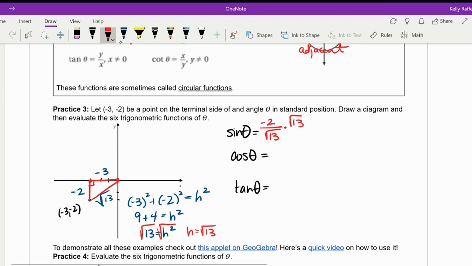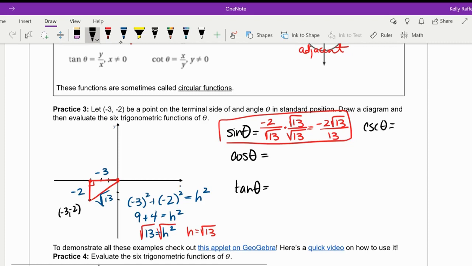So we're going to rationalize, multiply by √13 over √13. So that would be the sine. So you guys can finish that problem up, finding our other trig functions. And don't forget to rationalize.